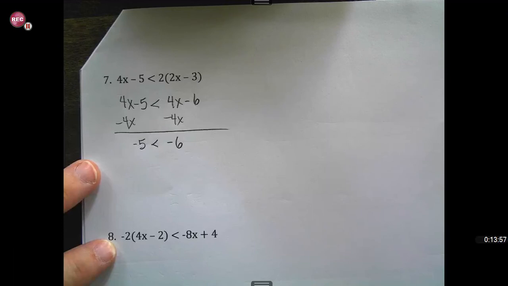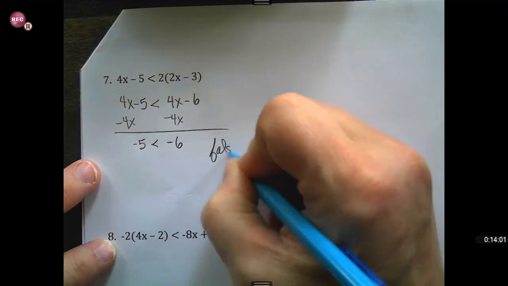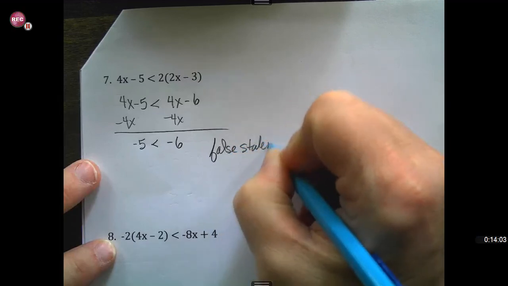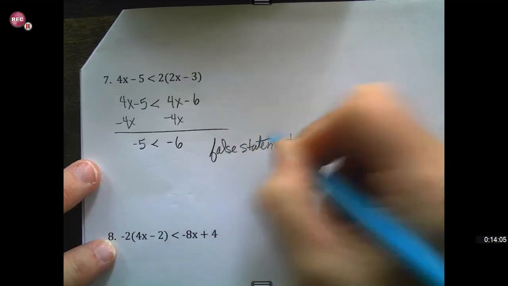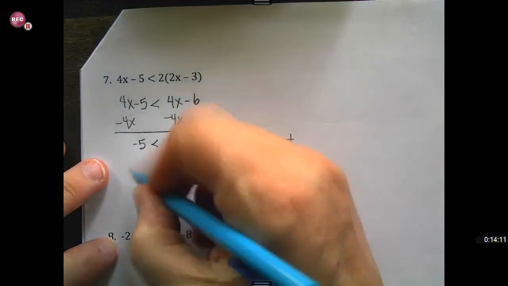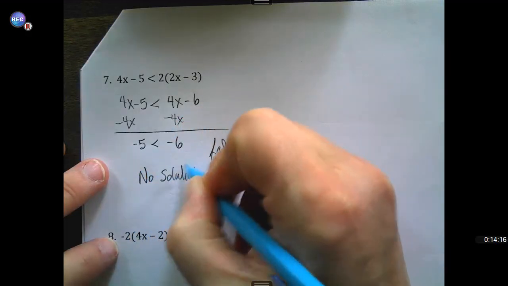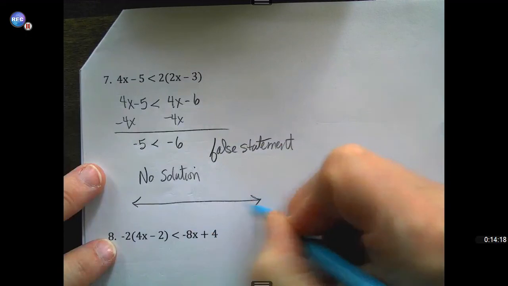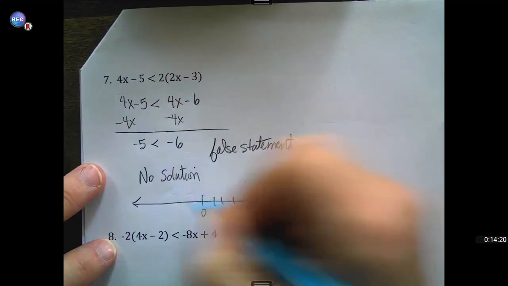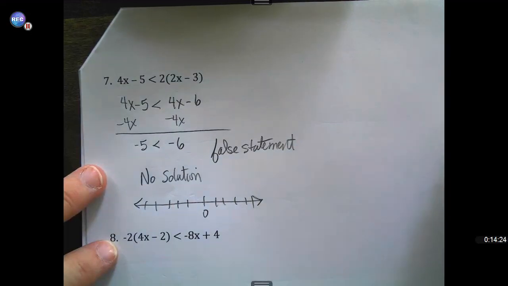We had to have an example where we get a false statement. Be careful. Negative 5 is not less than negative 6. It's bigger than. And so we've got a false statement here. So we say that our answer is no solution. And we graph that. Graph empty.